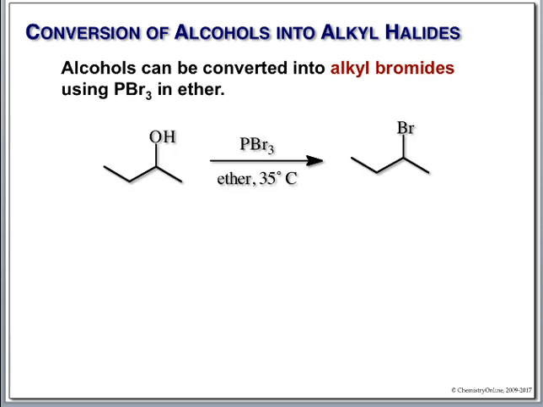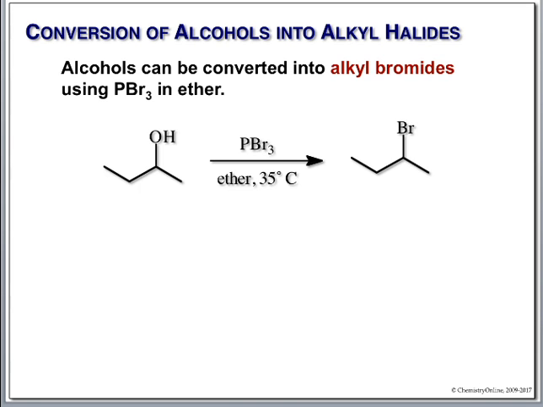If you take an alcohol and react it with phosphorus tribromide, what happens is you make a phosphorus ester, a tribromo phosphoester through the oxygen. That kicks out a Br minus.